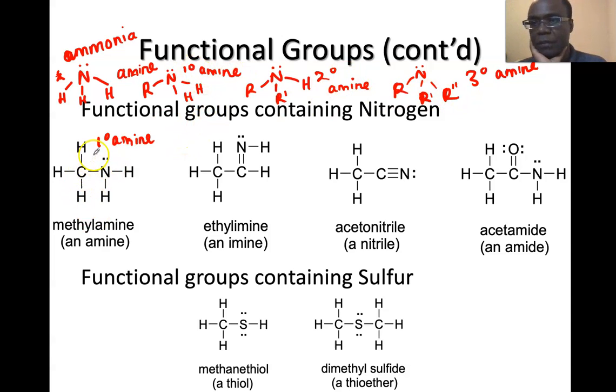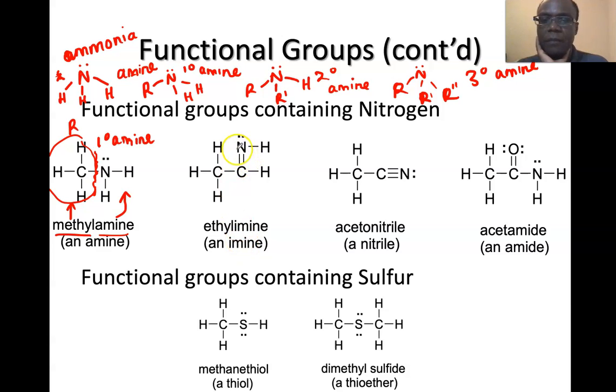So this is a primary, because all this carbon part here is an R group. So you only have one R group on the nitrogen, so it's a primary amine. Specifically, it's called methylamine because that's the methyl part. And of course, it's an amine because there's a nitrogen there.